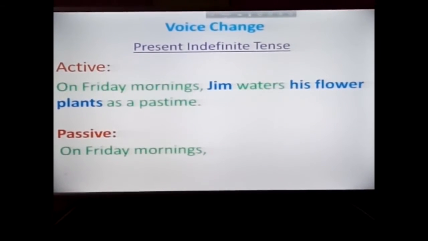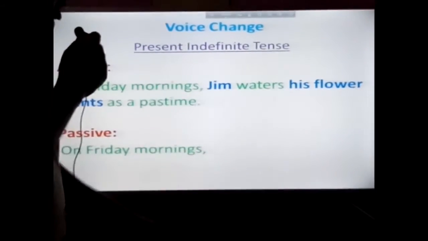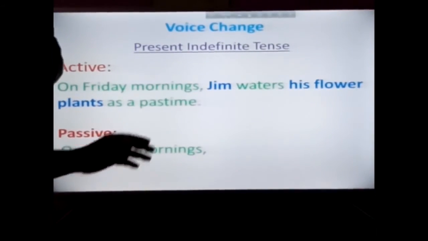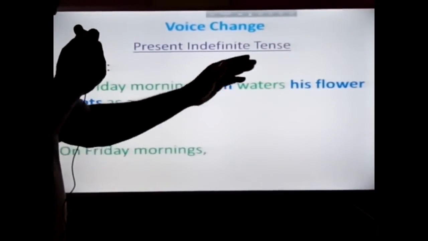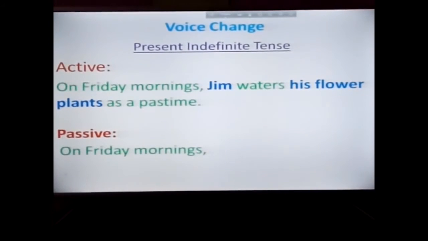Now, what is the object of this active sentence? Dear students, if you are ever confused about the object of the active sentence, if you have difficulty identifying the object of the active sentence, all you have to do is to ask the main verb of the active sentence a question with whom or what, and the answer you get is always the object of the active sentence, and you can use that object as the subject for your passive sentence.